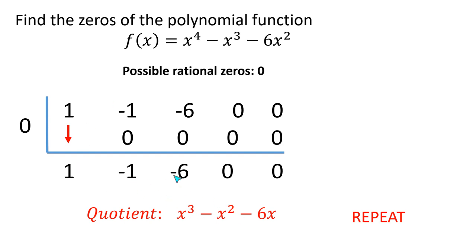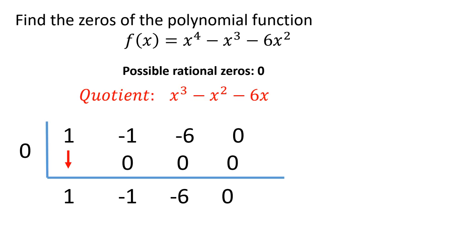And so again, notice that this is cubic, so that means that I cannot use the quadratic formula or factor yet. I mean, we could factor out an x, but I'm going to go ahead and use synthetic division anyways. I would repeat the same process with x cubed is 1, negative x squared has a negative 1 coefficient, negative 6, and 0.